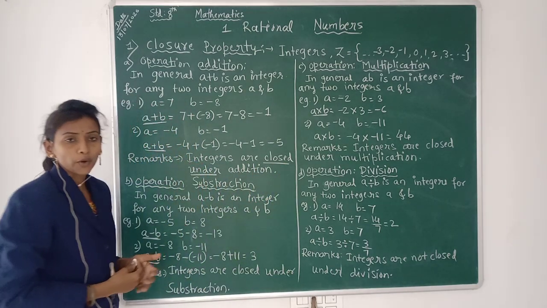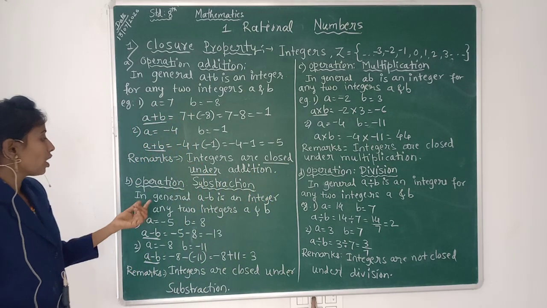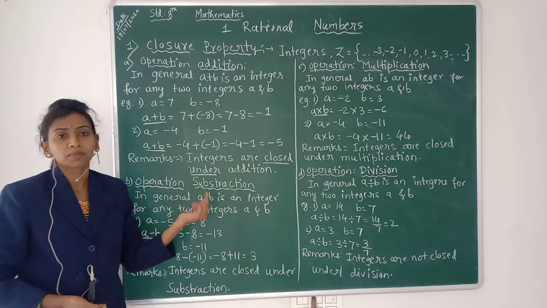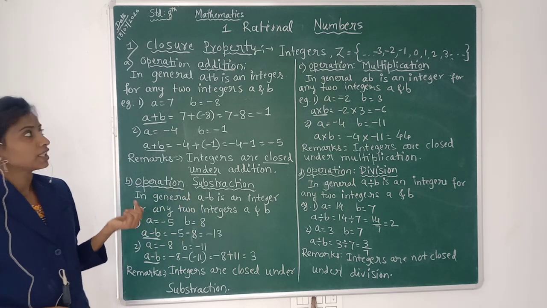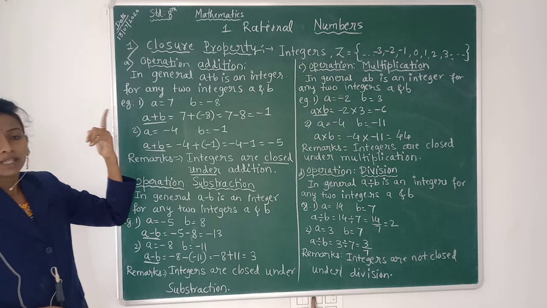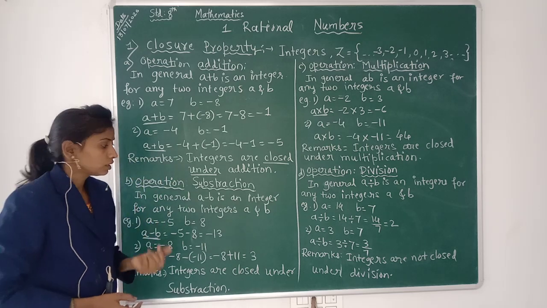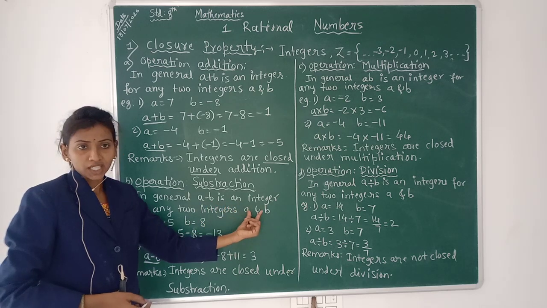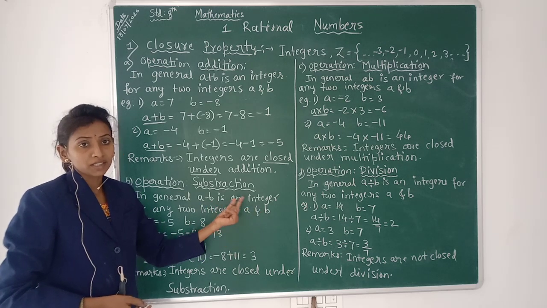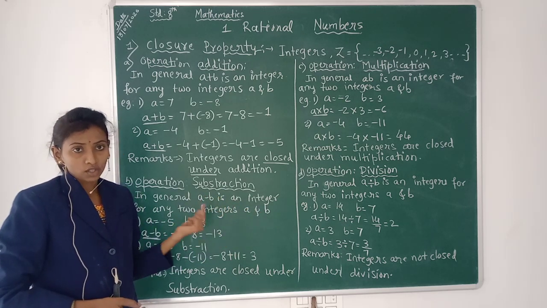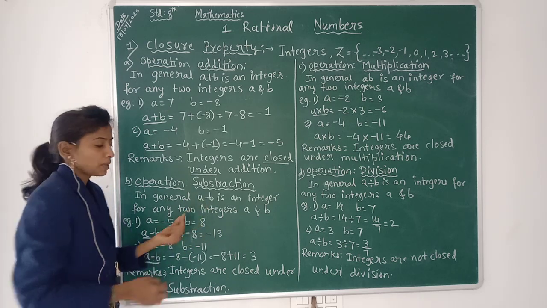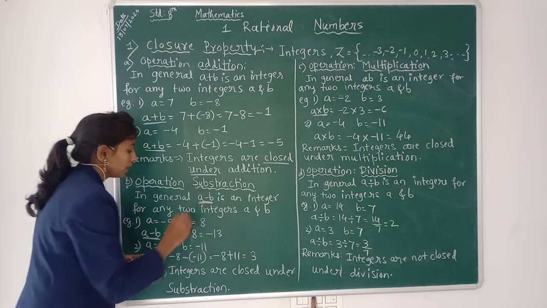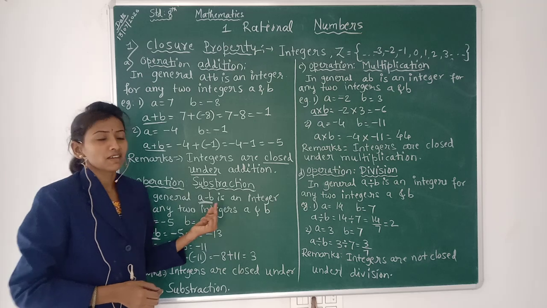This is very important. The next operation is subtraction. For subtraction we will check whether integers obey the closure property or not. In general, a minus b is an integer for any two integers a and b.